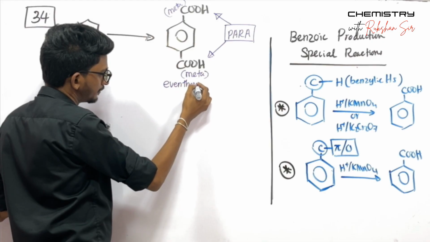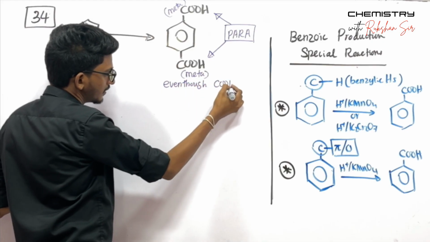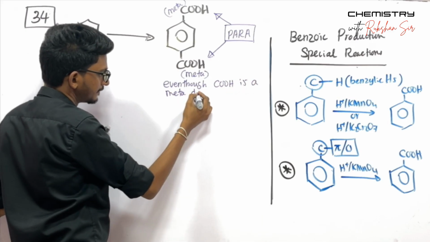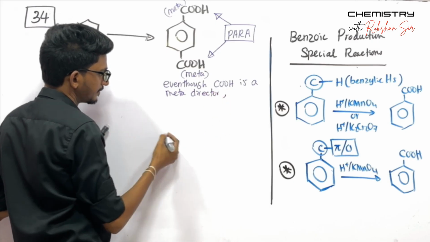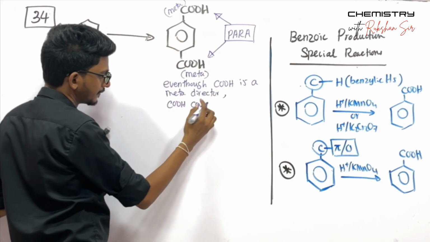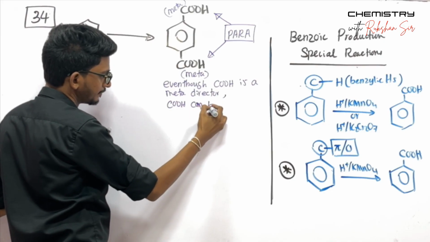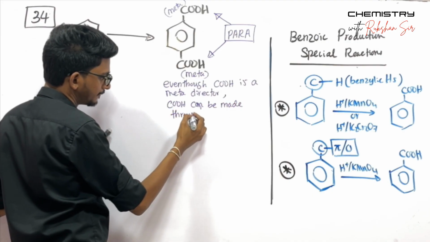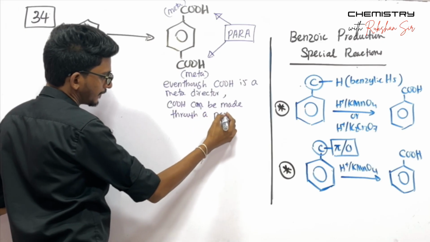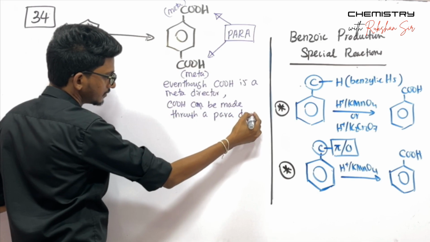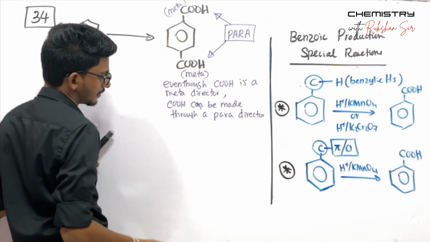Even though COH is a meta director, COH can be made through a para director.